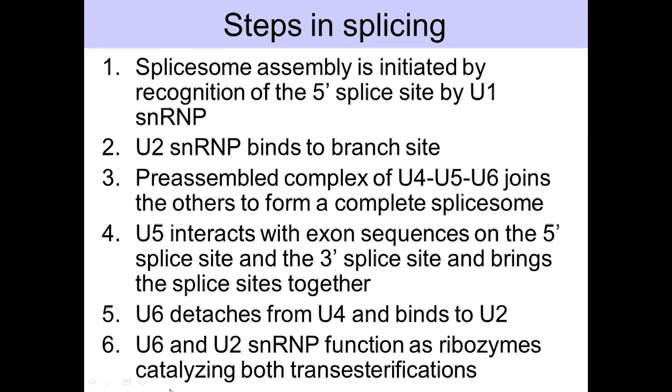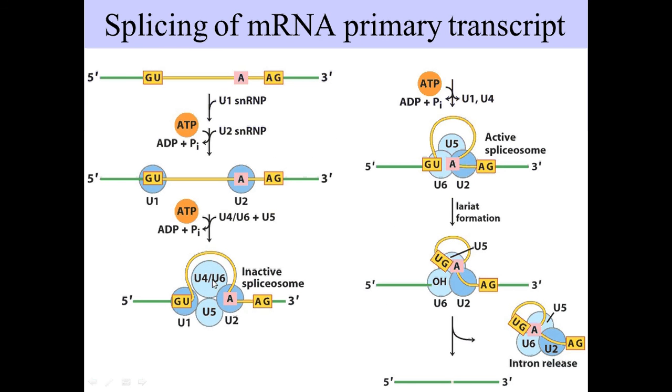U6 and U2 catalyze both transesterifications. We talked about this: U6 detaches from U4 and then goes and displaces U1.